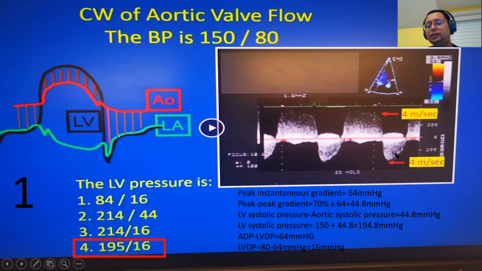So I have to change this peak instantaneous gradient to peak to peak. So I do 70% times 64, which is 44.8 millimeter mercury. Diastolic pressure is not affected by this different measurement, okay? The diastolic pressure is the same whether you measure it using catheter or using Doppler.